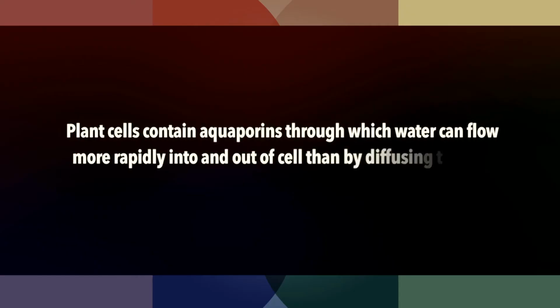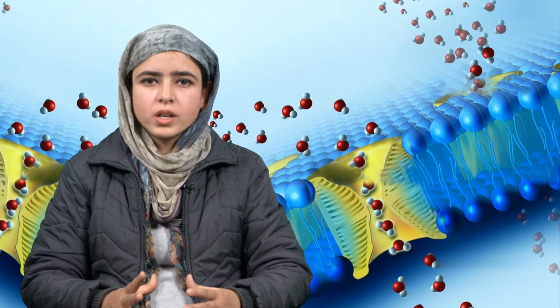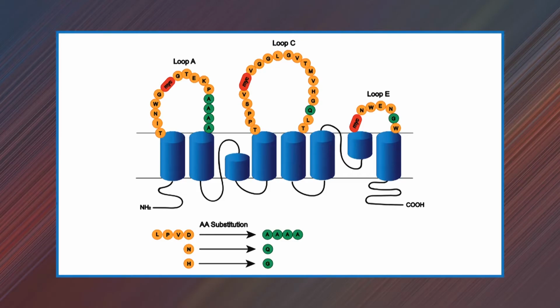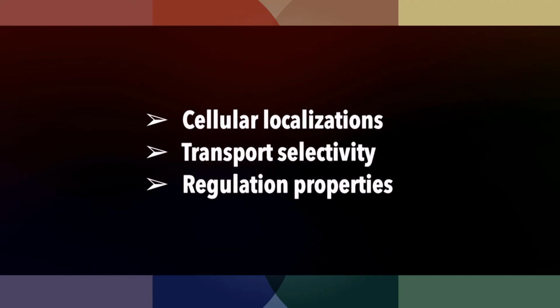Plant cells contain aquaporins through which water can flow more rapidly into and out of the cell than by diffusing through the phospholipid bilayer. In plants, aquaporins occur as multiple isoforms reflecting a high diversity of cellular localizations, transport selectivity, and regulation properties.